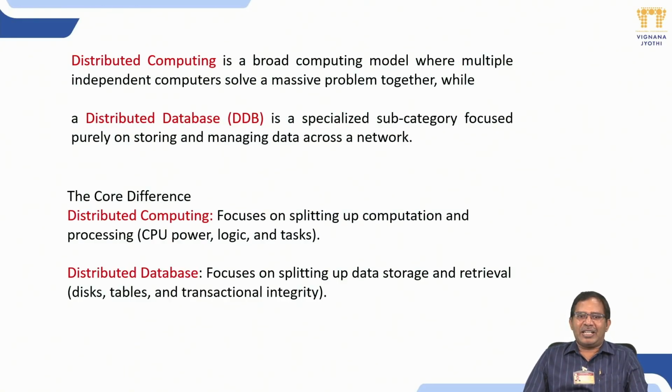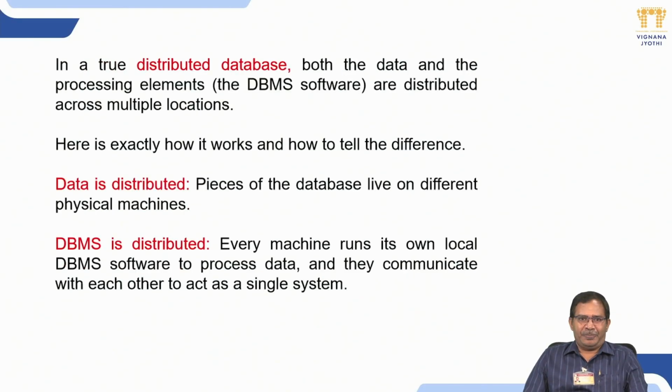Whereas the distributed database focuses on splitting of the original data, its storage, its retrieval, connected to disks in the form of tables, conducting transaction processing, and achieving the transaction properties like atomicity, consistency, isolation, and durability for the successful data management for the end user.